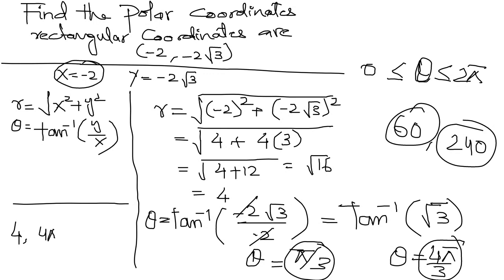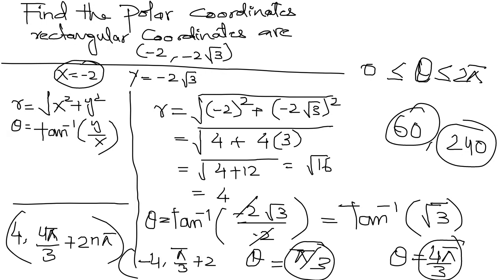In general, one is pi by 3 plus 2 n pi, and another one is 4 pi by 3 plus 2 n pi.